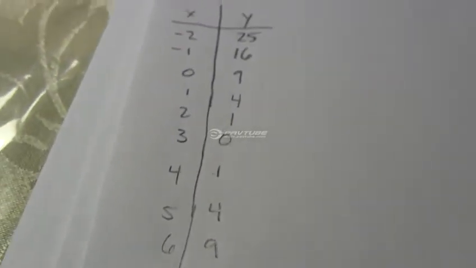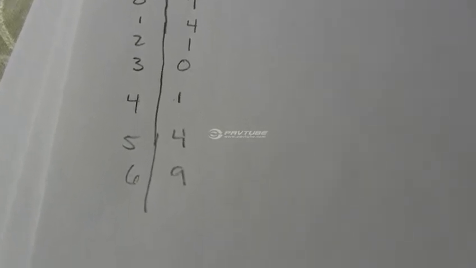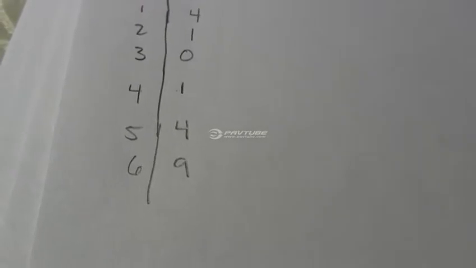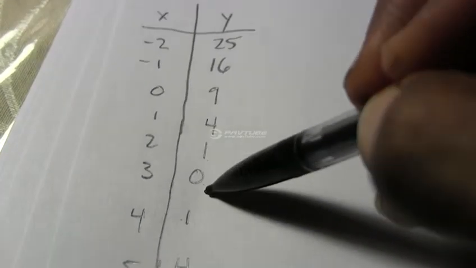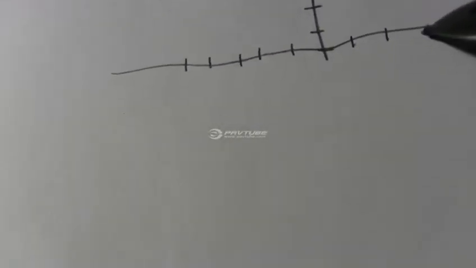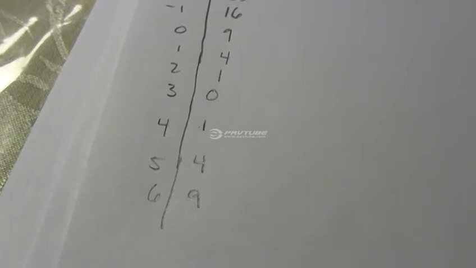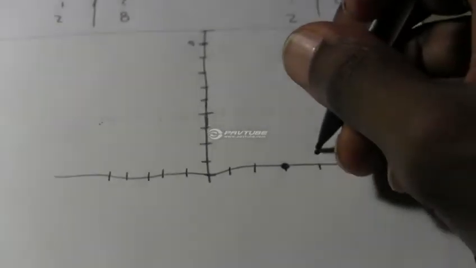Alright, so we go to 3. Let's just do 3 for just the sake of understanding, and then, like I said, I'll go back and explain it better. Alright, but we said 3 is 0. What about 4? 4 is 1. And what was the other one? 2 was 1.